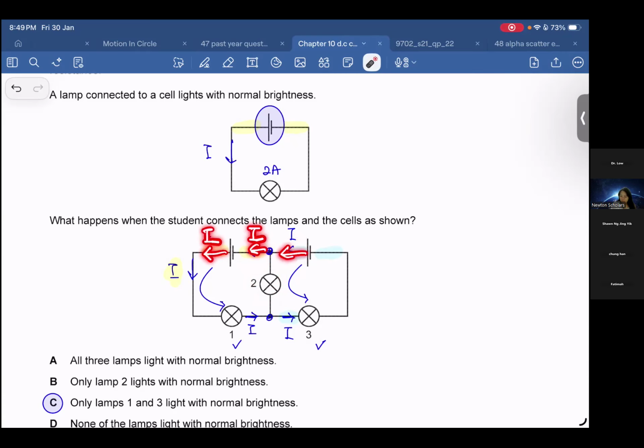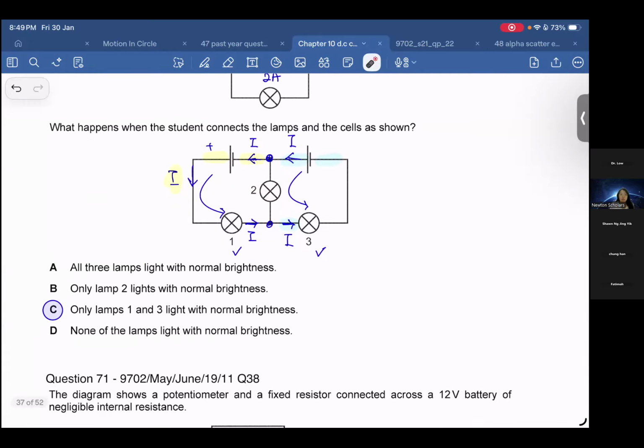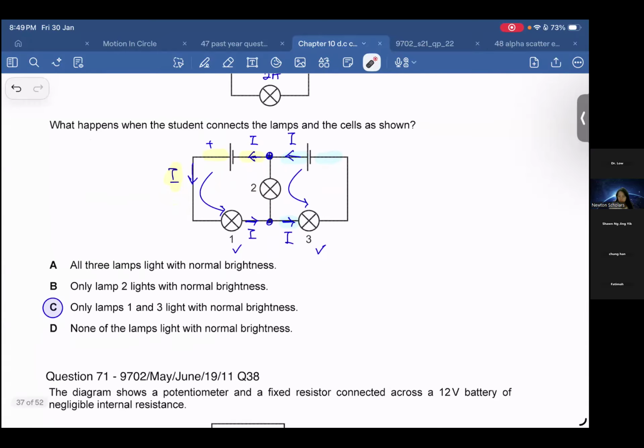Enter and out are the same, so that means no current here. This is the idea. So the answer should be C: lamp 1 and lamp 3 have the same current of I. Okay? Then here we go to question number 72. Is it okay? Question number 72.